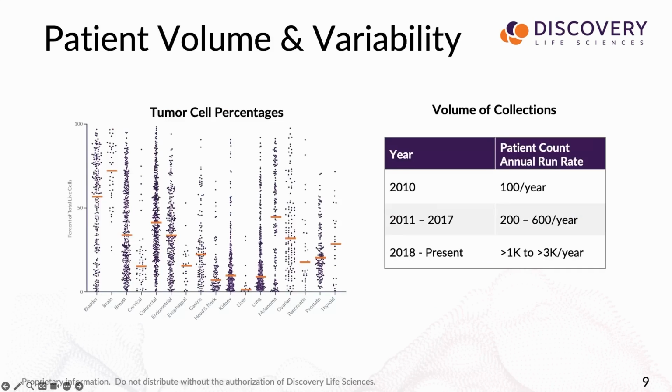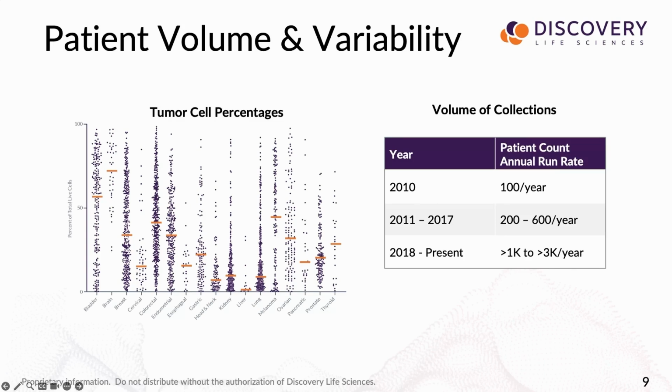And the reason that this cellular content matters so much is there's incredible variability from one patient to the next. The chart that we're looking at on the left, every dot represents a unique tumor that we have collected, dissociated, and run flow cytometry on. Our y-axis is our tumor cell percentage, so the upper bound being 100%, lower limit being 0%, and the clusters along the x-axis represent different indications.